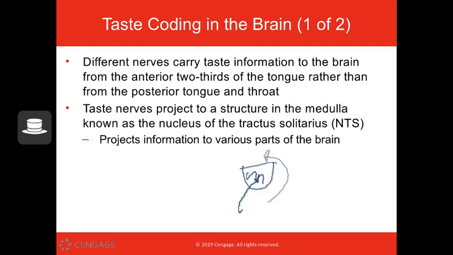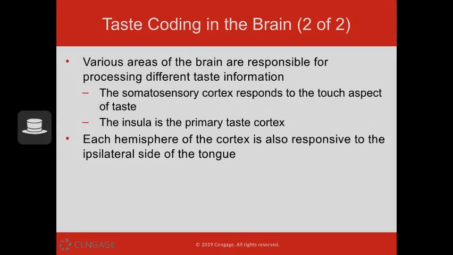Taste nerves project to a structure in the medulla known as the nucleus of the tractus solitarius, the NTS. This projects information to various parts of the brain. Like our other senses, various areas of the brain are responsible for processing different taste information.